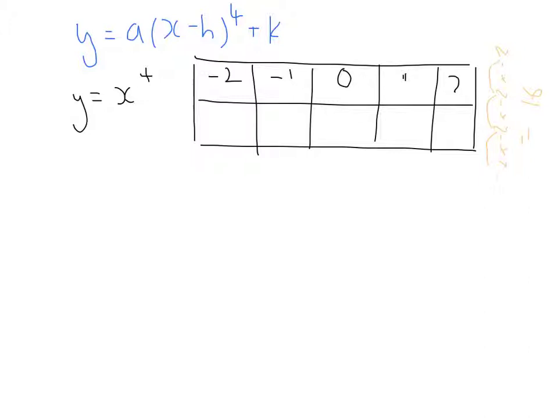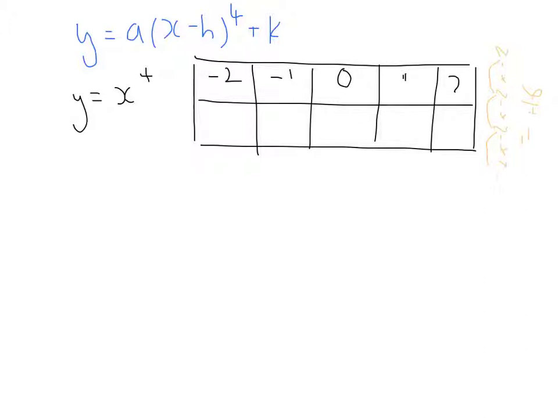So the rule with negatives is if you have a power which is an even number, so that's 2, 4, 6, 8, 10, etc., then it'll always be a positive answer. If you have an odd number that you're multiplying together, so cubes, power of 3, power of 5, power of 7, etc., then it will be a negative number.